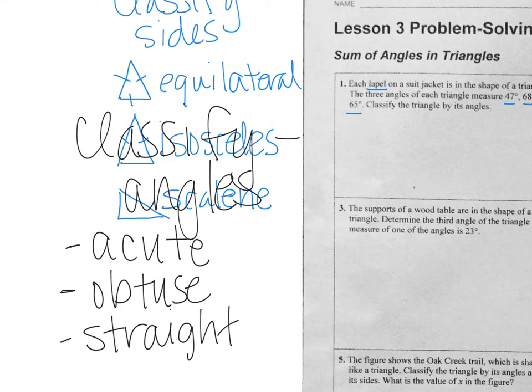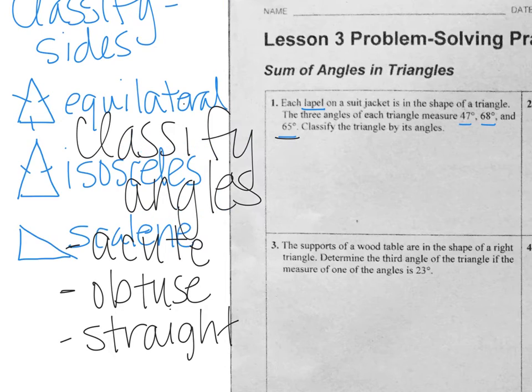So when we look at our problem here, we're asked to classify the triangle by its angles. So if we have 47, 68, and 65, what do we know about the angles of the triangle? They're all acute. Therefore, the triangle is acute.